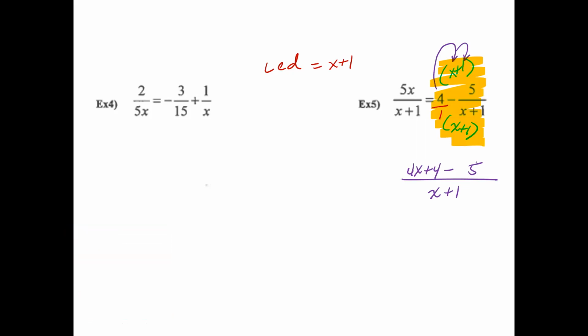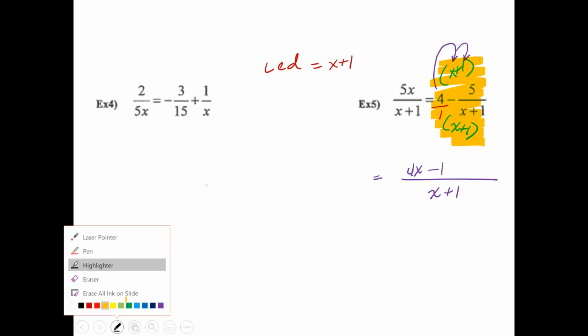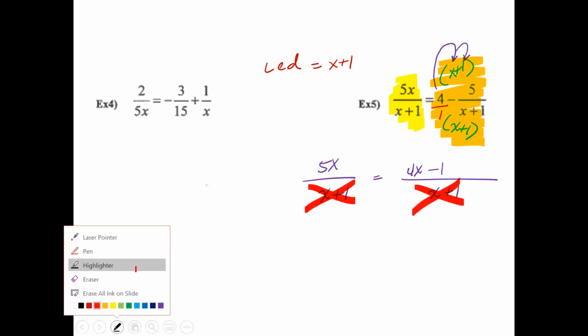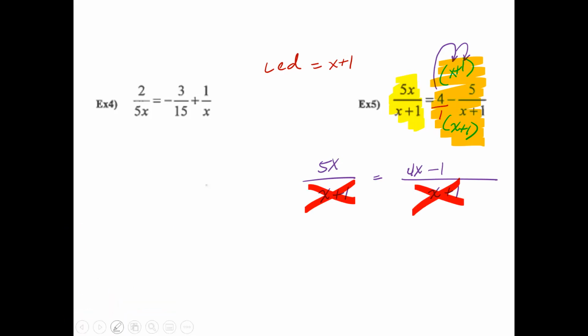Well, what's 4 minus 5? Isn't that just going to give you a negative 1? There you go. Set it equal to, now focus on your fraction on the left side in yellow, 5x over x plus 1. Since they all have the same denominator, you just cross that out. Then all you're going to do is focus on this equals that and solve.